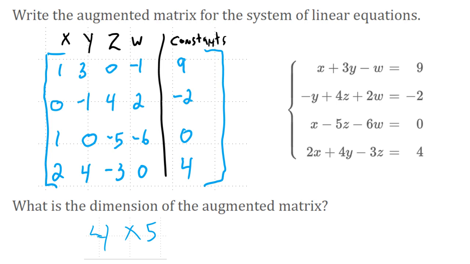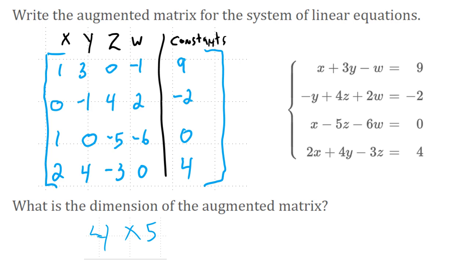Now let's do line 2. There is no value for x, so x would be 0. Then for y, we have a -1, so again, we're just putting in our coefficients. We have 4 for z, and a 2w, so that would be just a 2 here, equals -2.